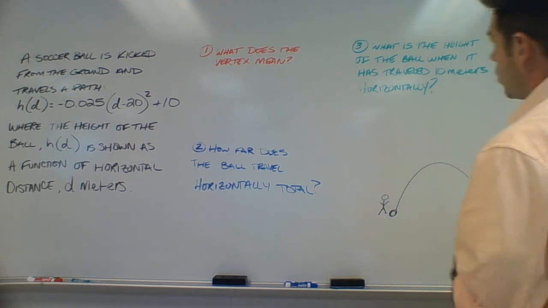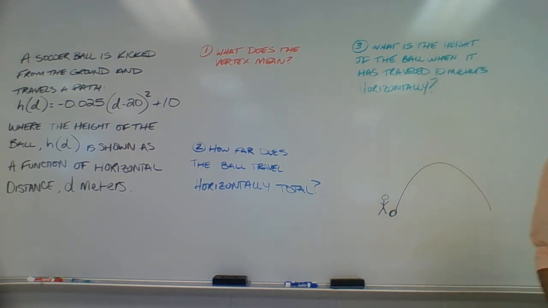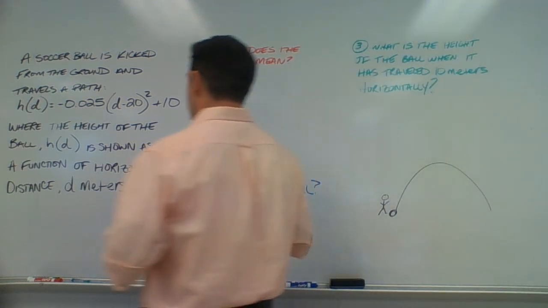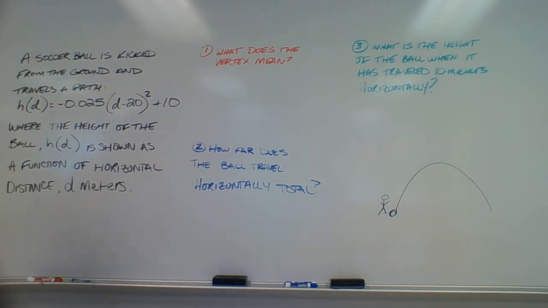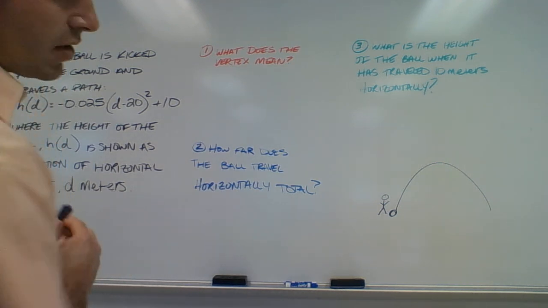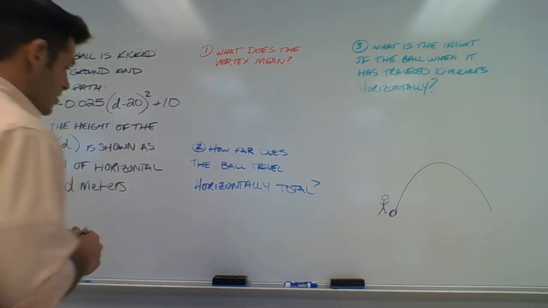When it comes to this problem, this picture should make sense from the fact that we have an a value that is negative. It's a very tiny a value, negative 0.025.